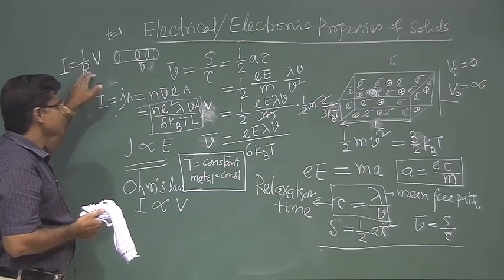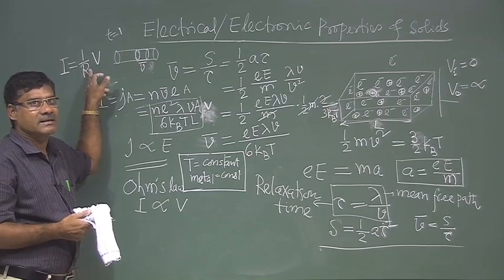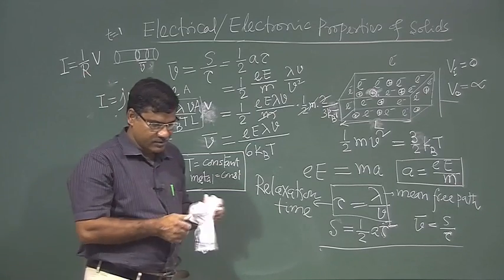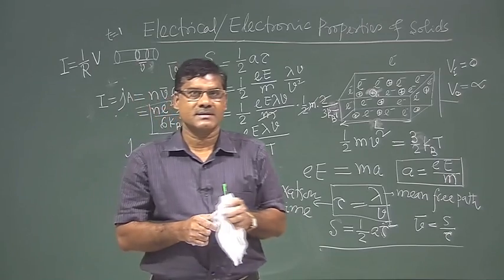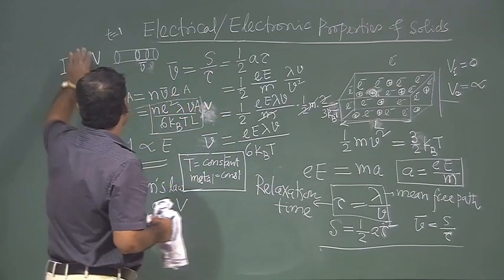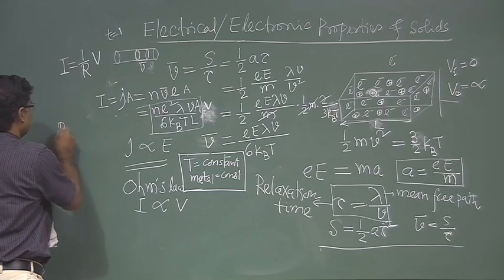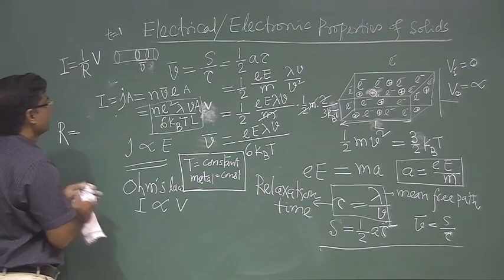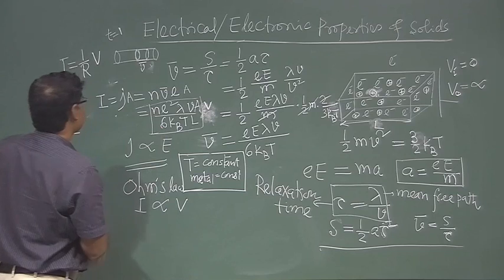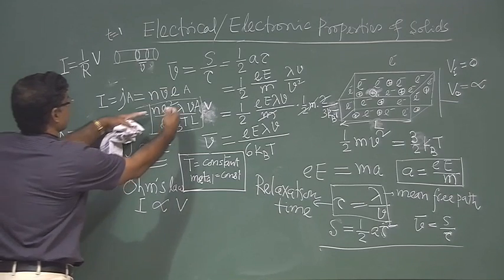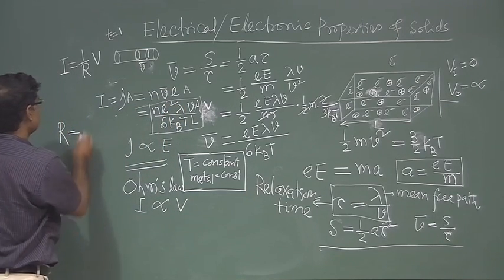So, this R is called the resistance, and 1 by R will be conductance, right. So, R equal to, from here I just have to inverse it.